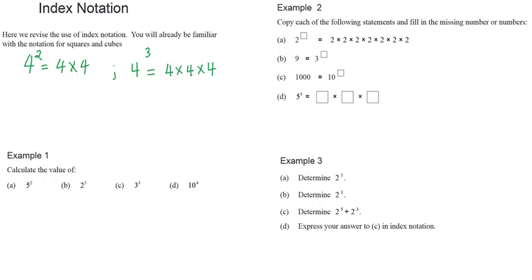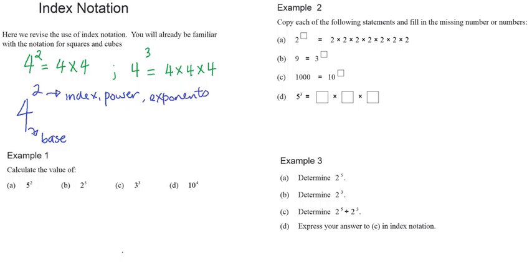And this is said in words as 4 squared and 4 cubed. So, therefore, where does the index notation come in? Well, in the writing of 4 squared, 4 is known as my base, and 2 is known as my index, or depending on which textbook you are using, you might see the word power, or in more American textbooks, they use the word exponents.